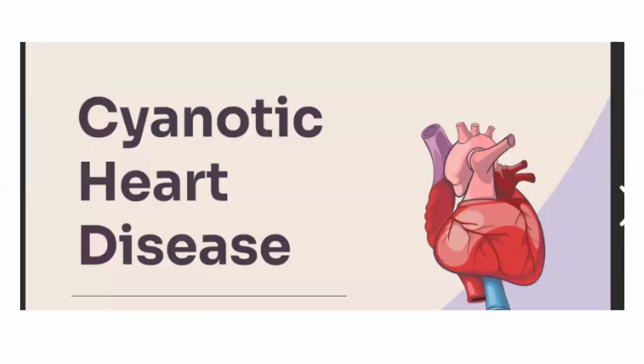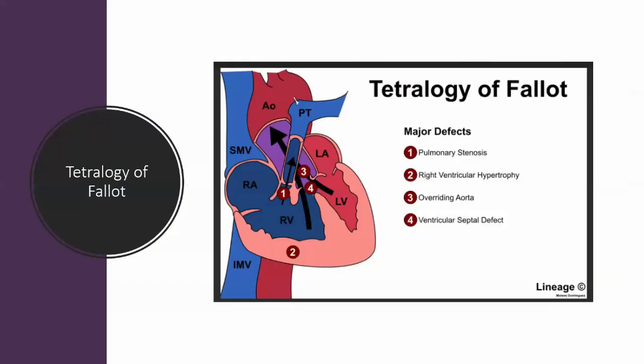And now moving to cyanotic heart disease, starting with the big one, which is tetralogy of Fallot. Usually there's four major defects that they usually speak of. The first one being the pulmonary stenosis, also with right ventricular hypertrophy, also an overriding aorta and ventricular septal defect.